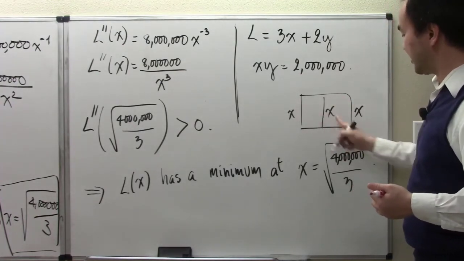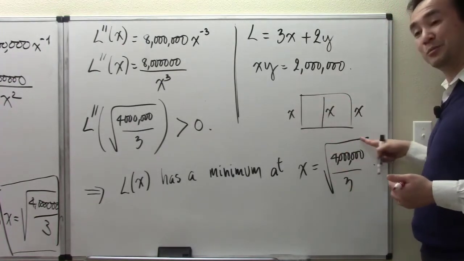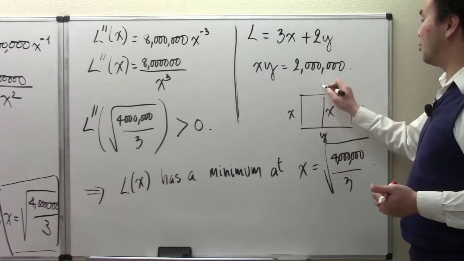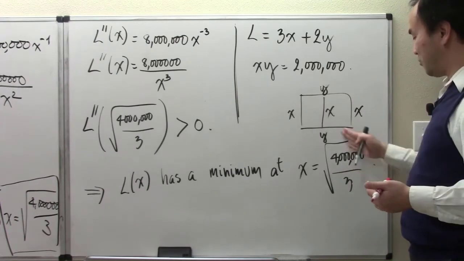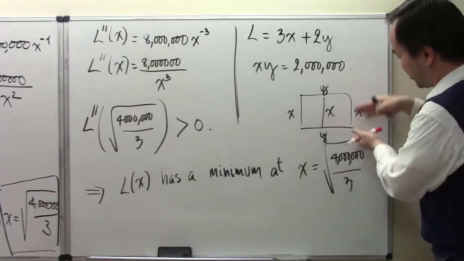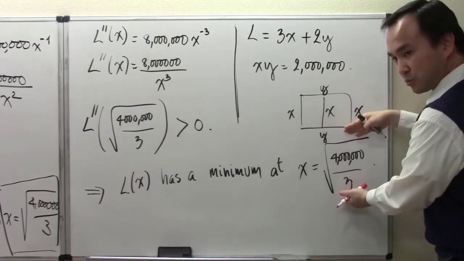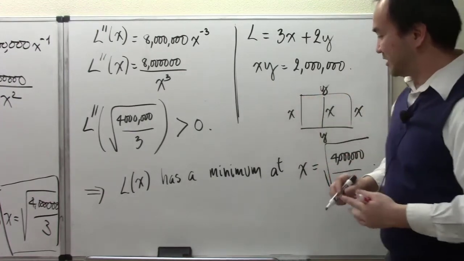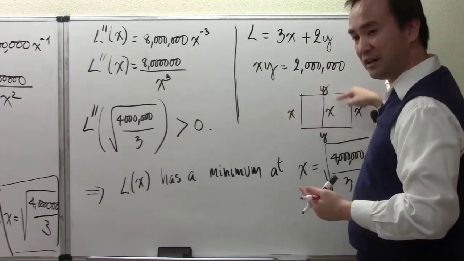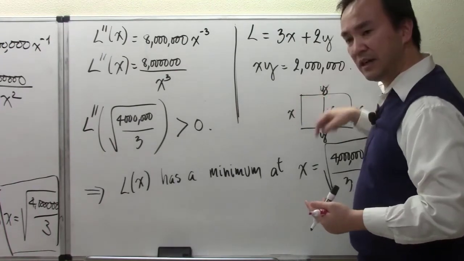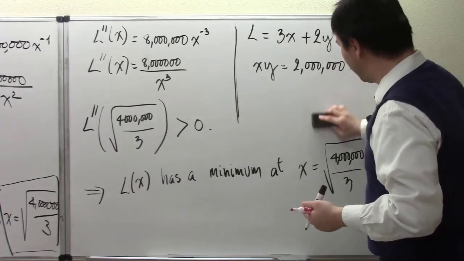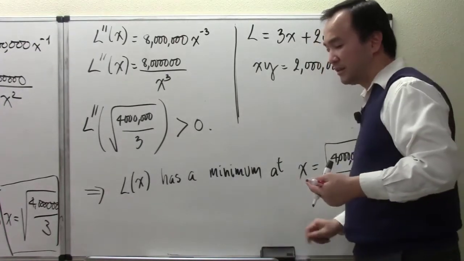So if we can adjust x to be this expression, square root of 4 millions over 3, then the y will fall out accordingly. Once we adjust x to that value, that's going to be our least length after summing up all of these edges together.